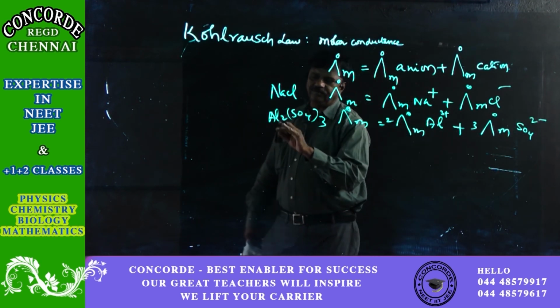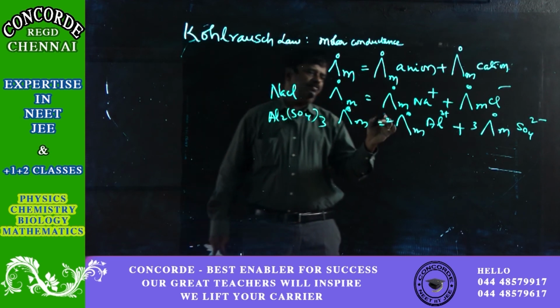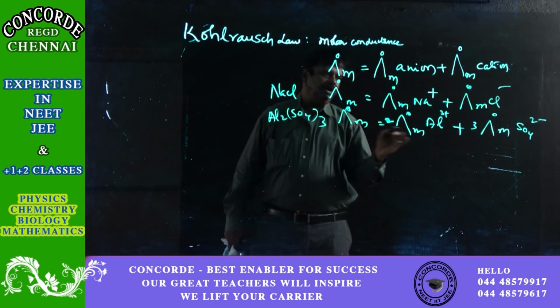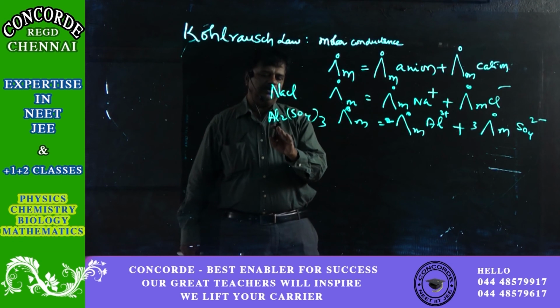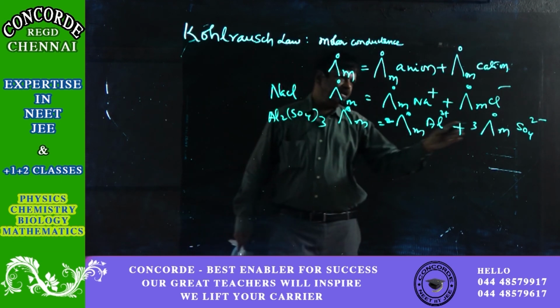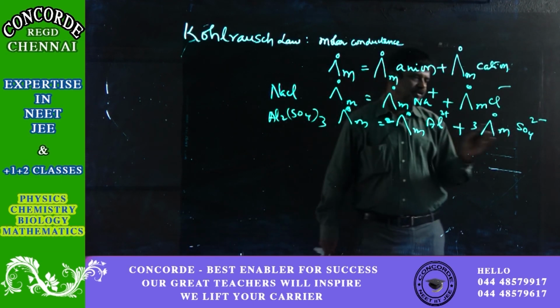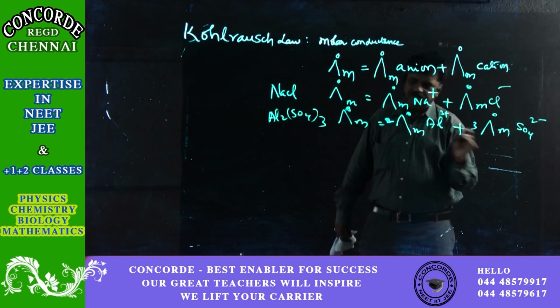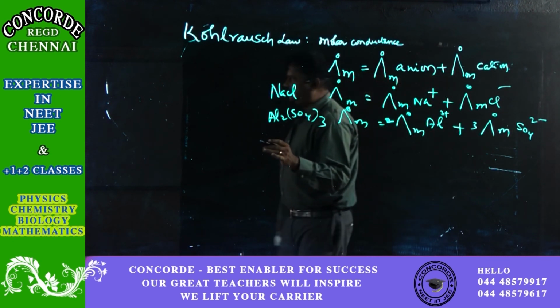So the number of quantity is the sum total of the ions present. Here 2 ions of Al, here 3 ions of sulfate. So it will be a sum total of this.